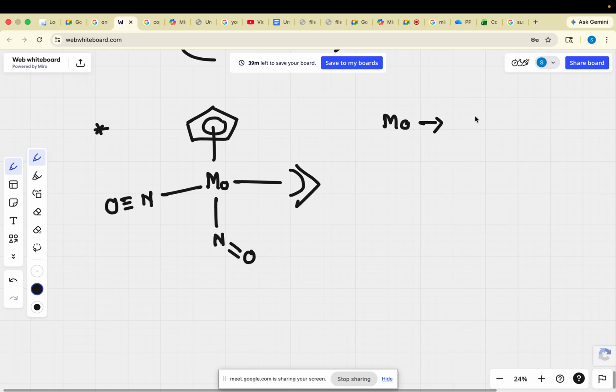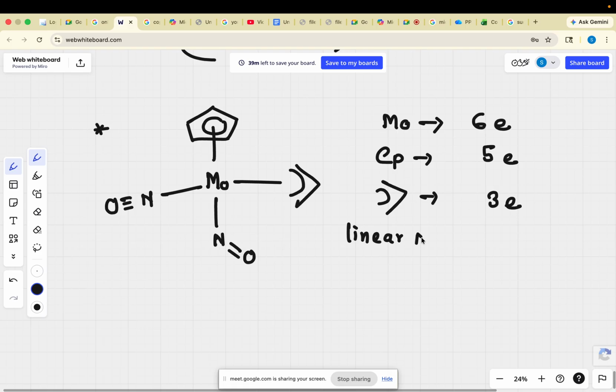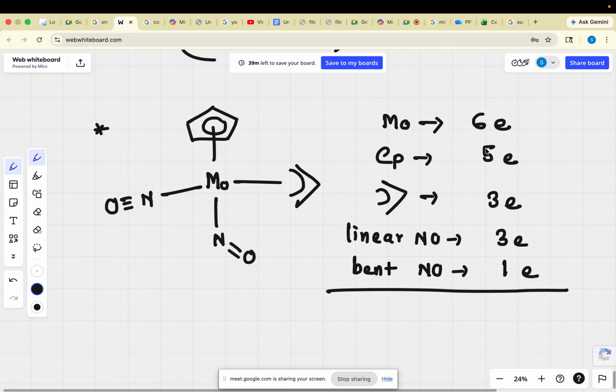Molybdenum donates 6 electrons. The cyclopentadienyl donates 5 electrons. This ring donates 3 electrons. Linear nitrosyl donates 3 electrons, and bent nitrosyl 1 electron. So if we add now, 6, 5 is 11, 3 is 14, 3 is 17, plus 1 is 18 electrons.